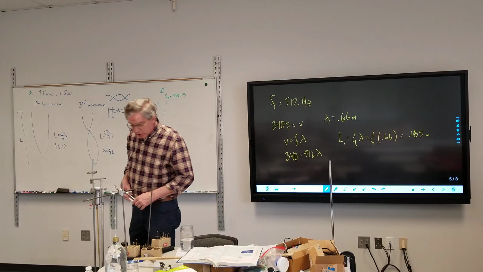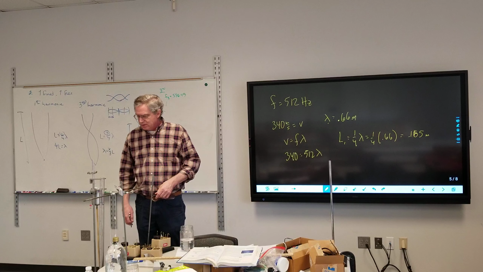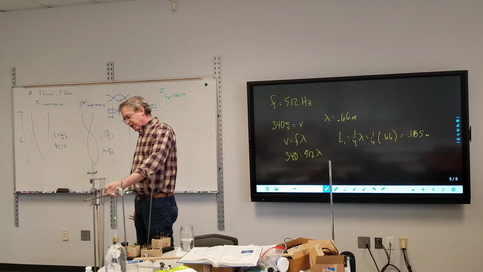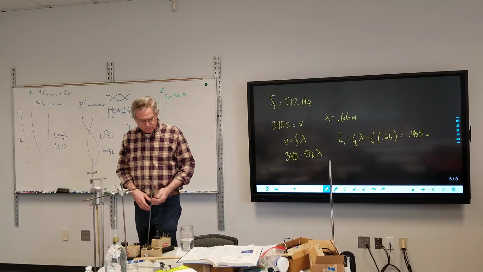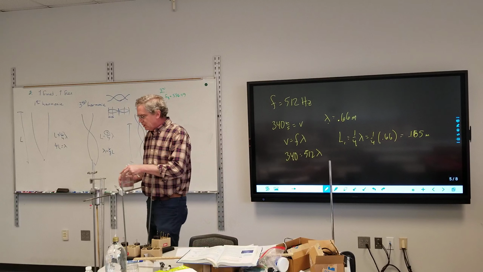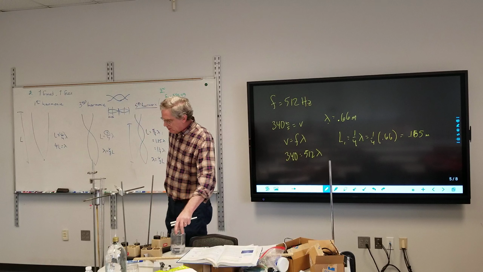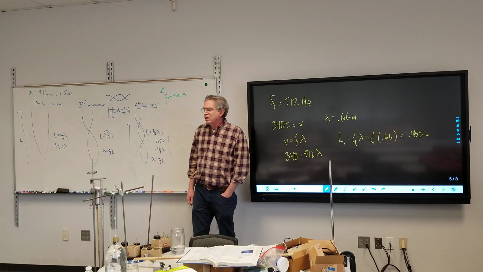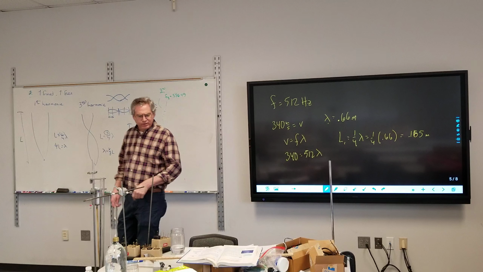Now the first one should occur at 16.5 centimeters, which on here would be 14.5, which is right there. So I need to raise the water. All right, so we are above.